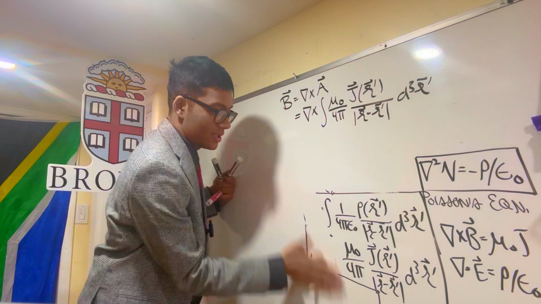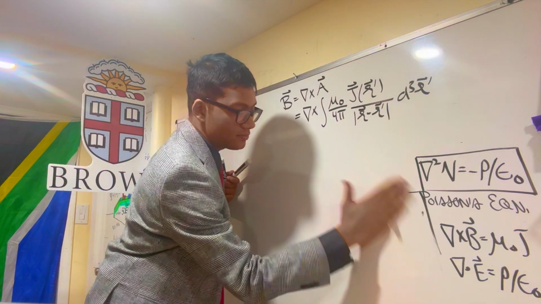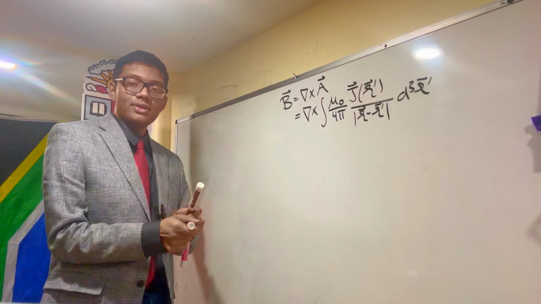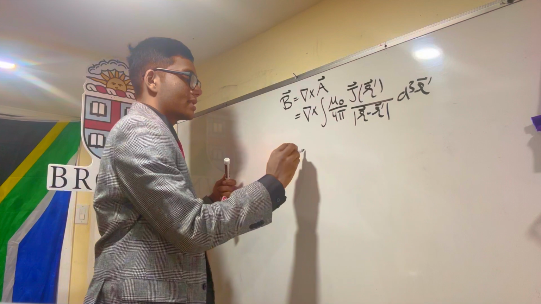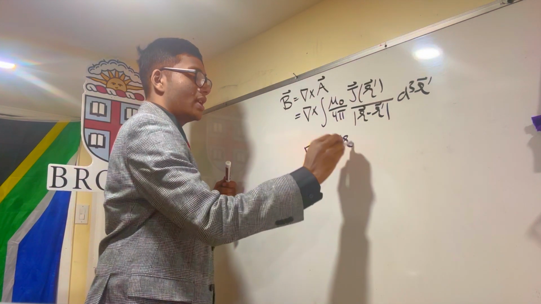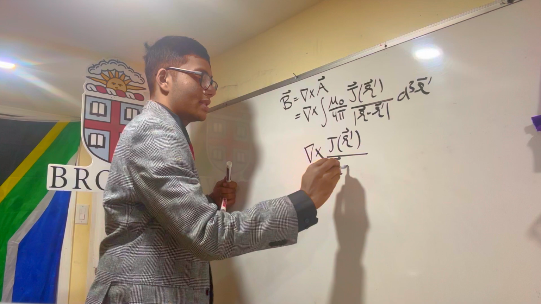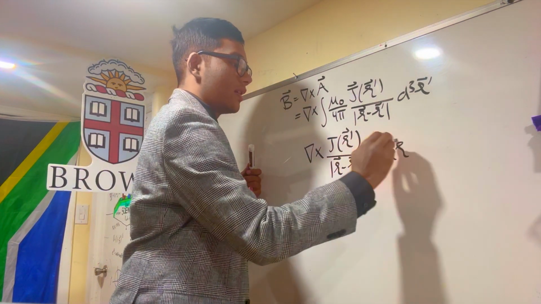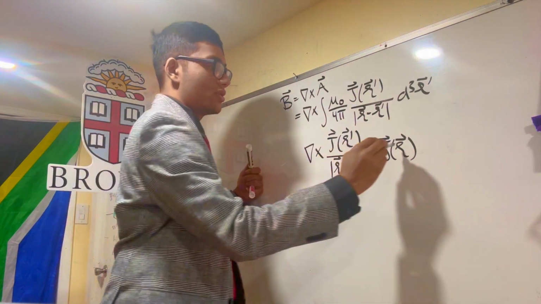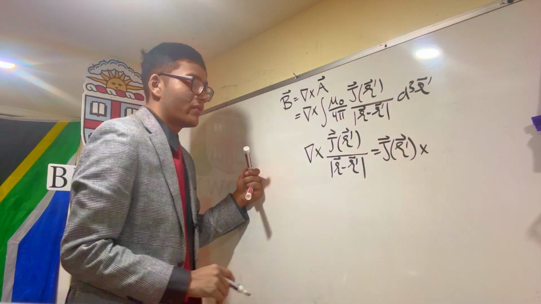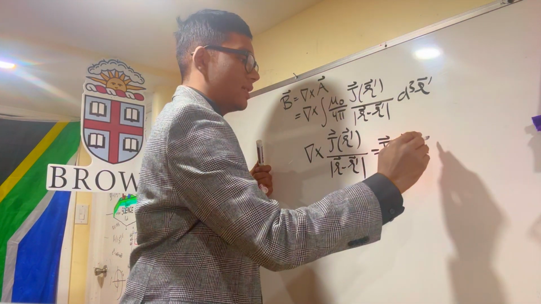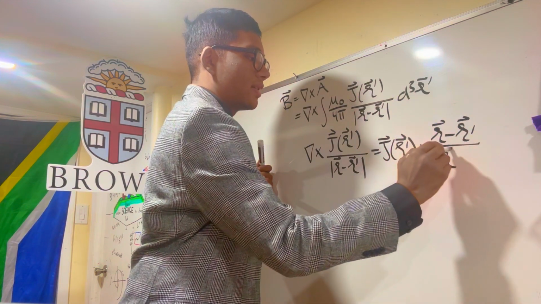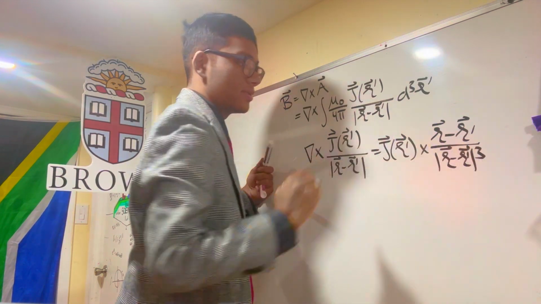Okay, so let's erase all of this. Now we can use a vector identity to simplify this. It turns out that the curl of J of R prime divided by the distance to the source is equal to the cross product of our current distribution, J of R prime, with R minus R prime divided by the magnitude of R minus R prime cubed.